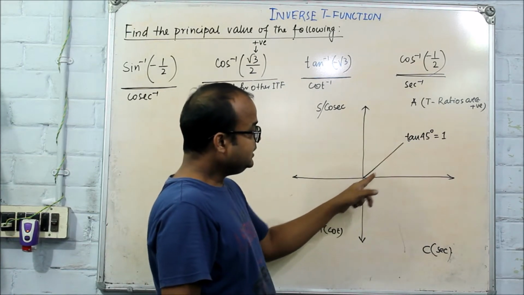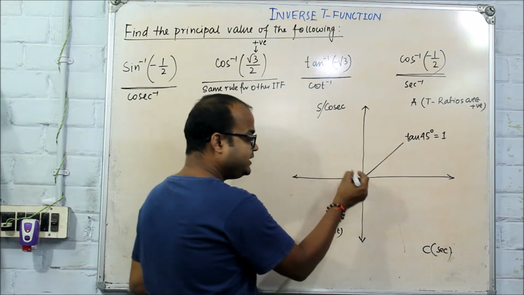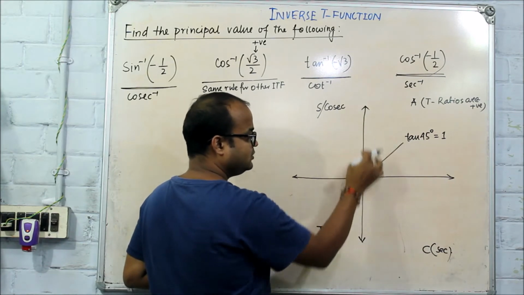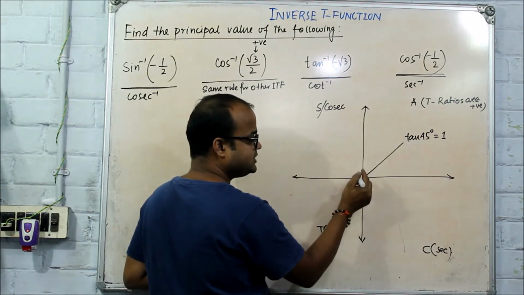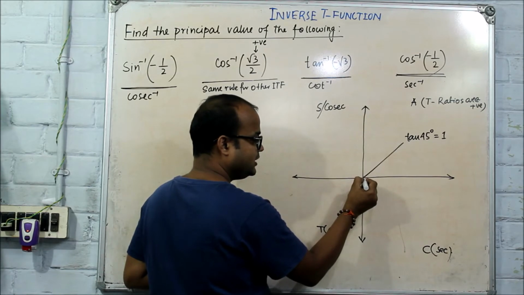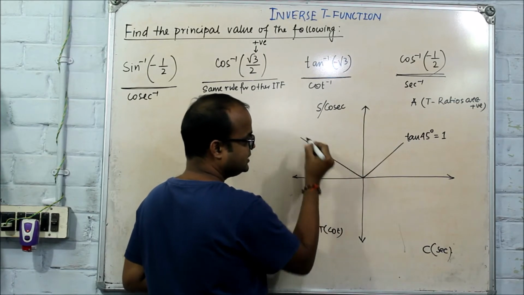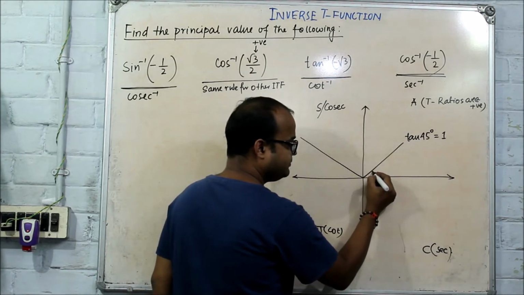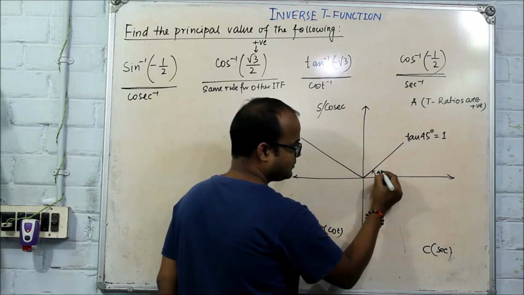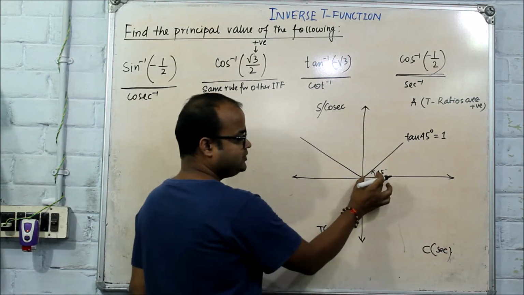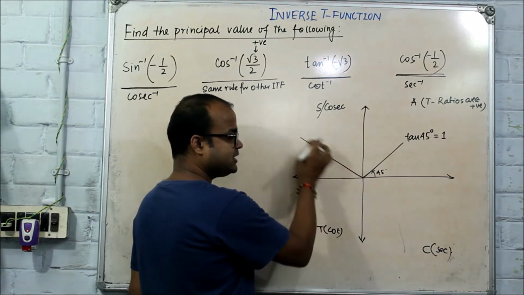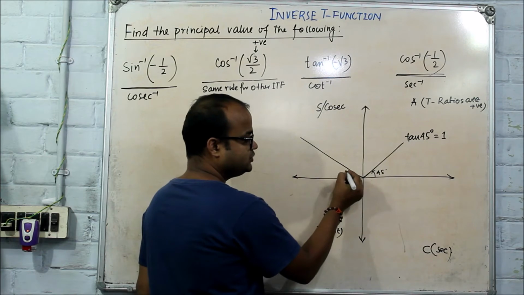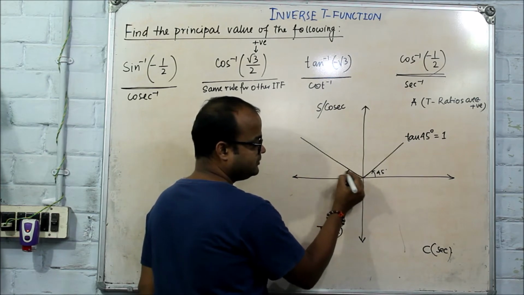Now if I draw an angle, and take the reflection of this angle in the y-axis, you will get this angle. This is 45 degree. If this is 45 degree, this line is a reflection of this line, so this will also be 45 degree.